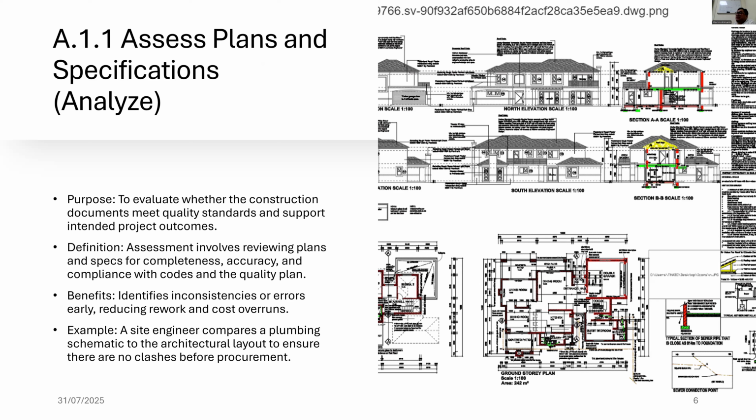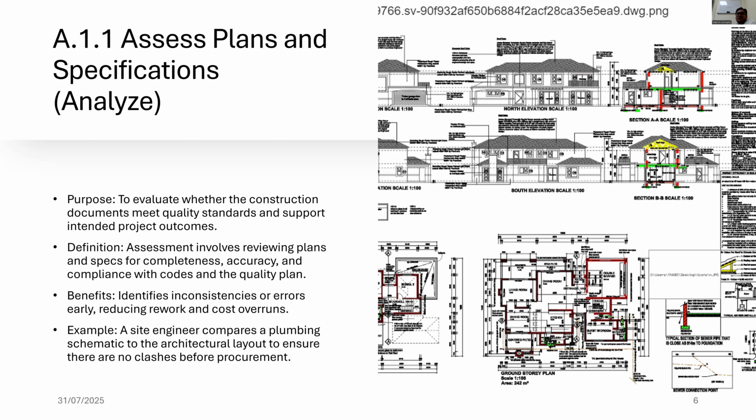Now, everything here, I told you, we will automate. We will automate. Don't worry, guys. And everyone will understand the value and the benefit of the tools and the techniques, right? Definition: assessment involves reviewing plans and specs for completeness, accuracy, and compliance with codes and the quality plan.